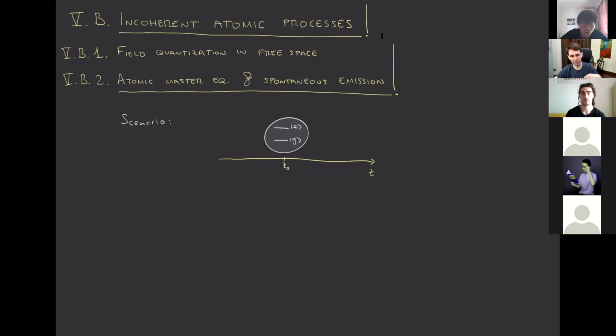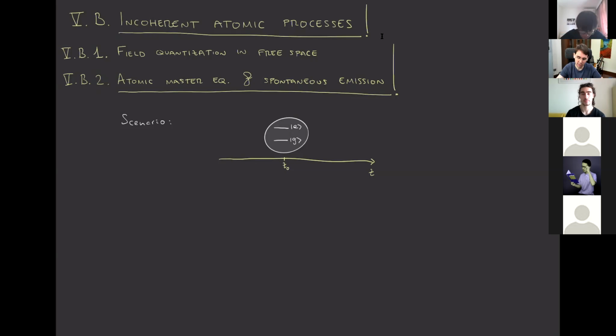And now we ask ourselves, okay, we have an atom in free space. We excite it, or we create any state of the atom, but not the ground state, any other state. What happens with the excitation that is contained in the atom?